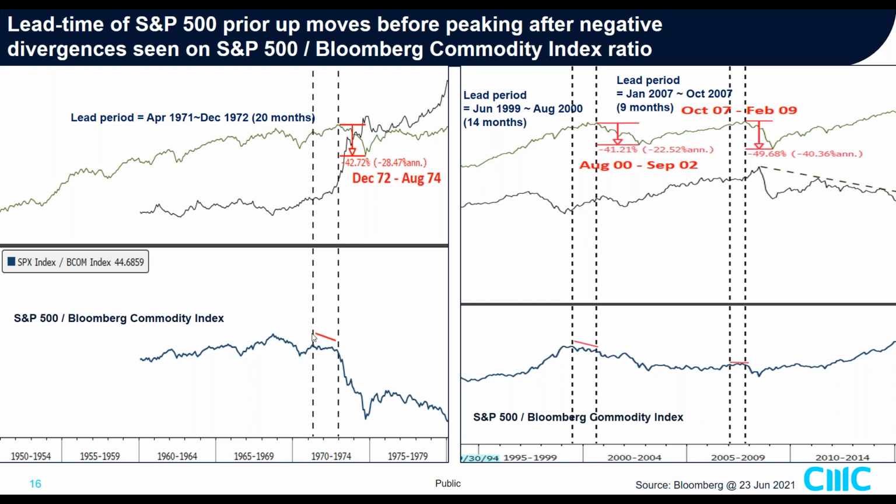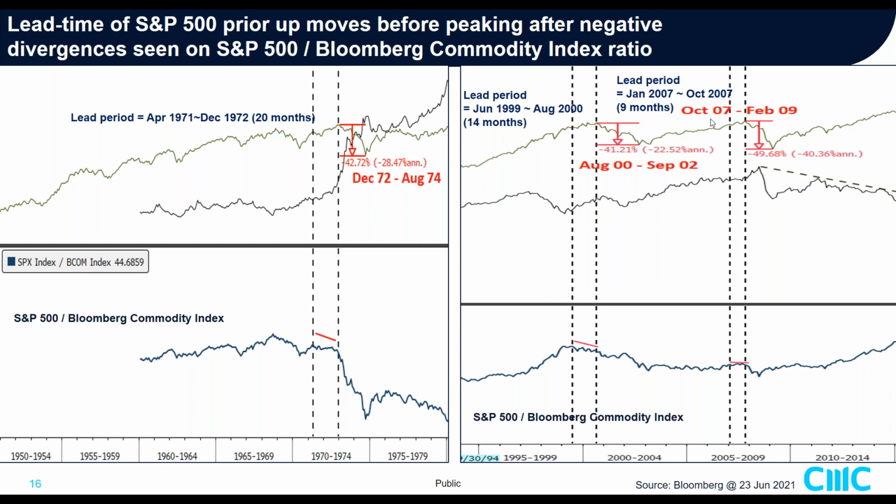That means after the divergence is formed, 20 months later, on hitting the peak, it formed a 42% decline. This one was 14 months. Then this one, the lead period was 9 months. Now, one is 9 months, 14 months, 20 months.